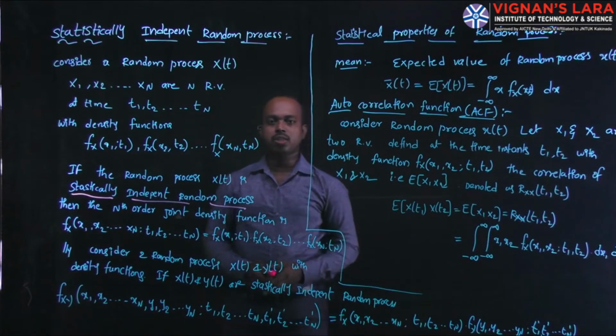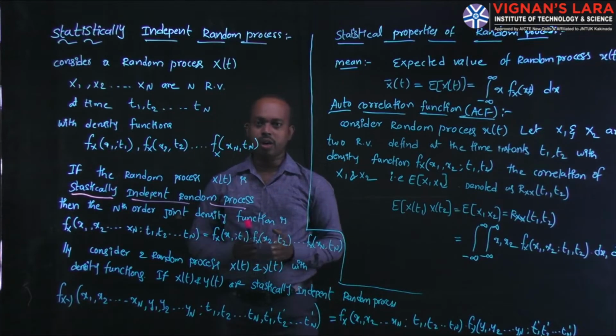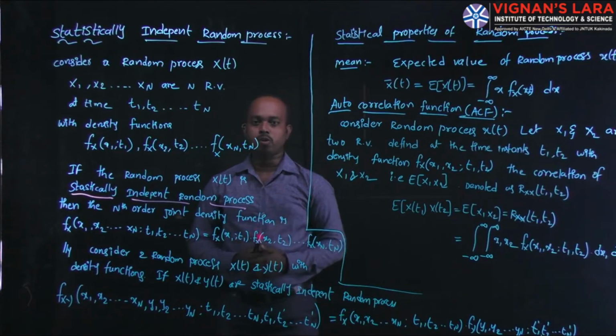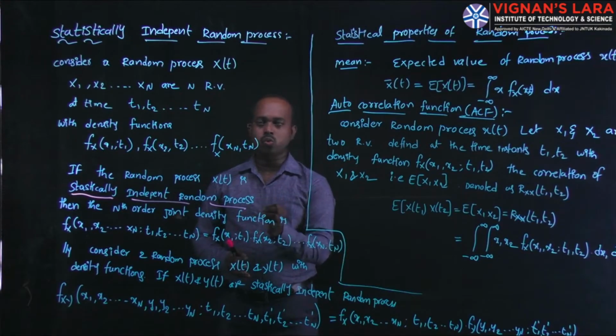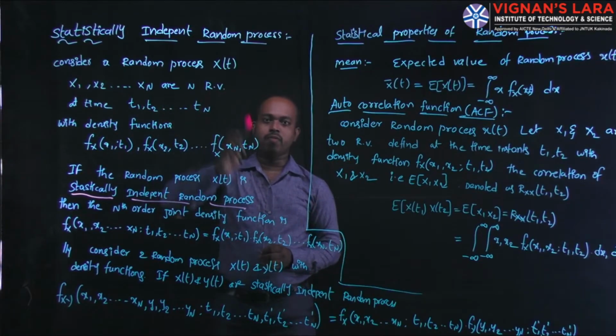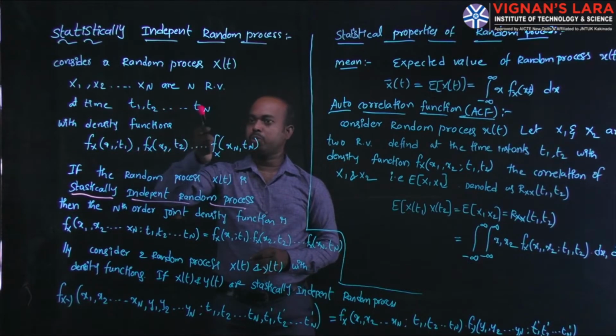Similarly, we can consider two random processes, x of t and y of t. In this case we only considered one random process, but suppose we consider two. The x of t has the values x1, x2 up to xn, n random variables defined at times t1, t2 up to tn.